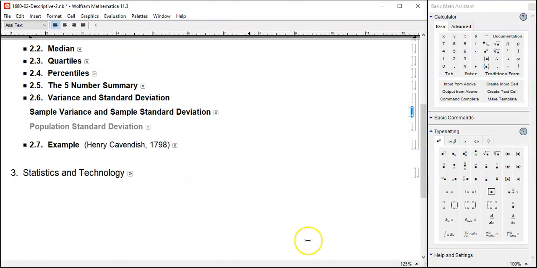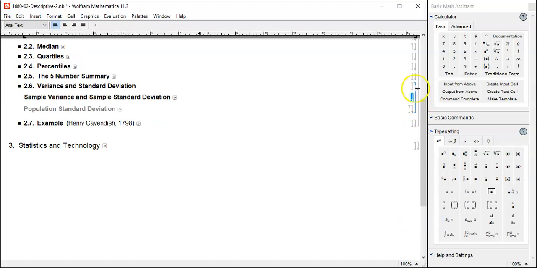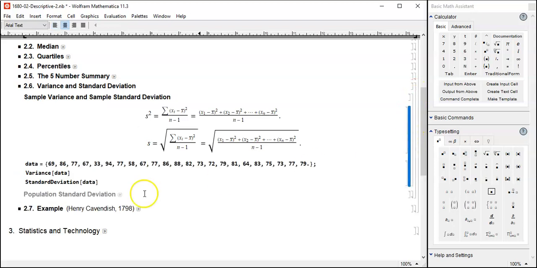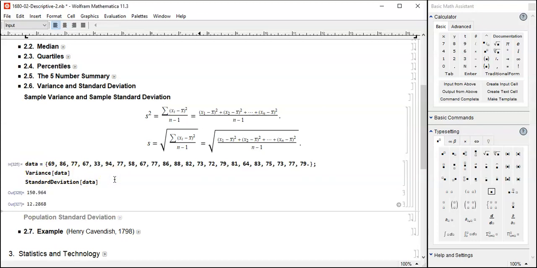Now, how do we calculate it? Well, let's see. Do we have an example problem here? Okay, here's one. We have this data set, same data set I believe, and we can calculate the variance and the sample standard deviation like that. But then again, how do we work out these formulas? It's kind of difficult to tell.